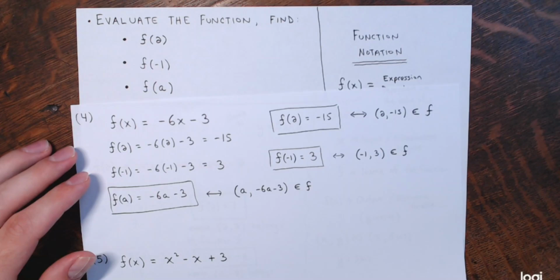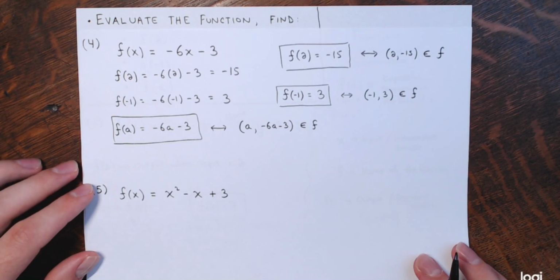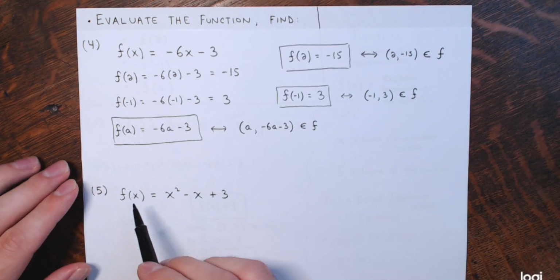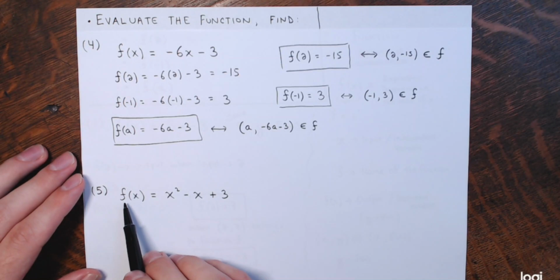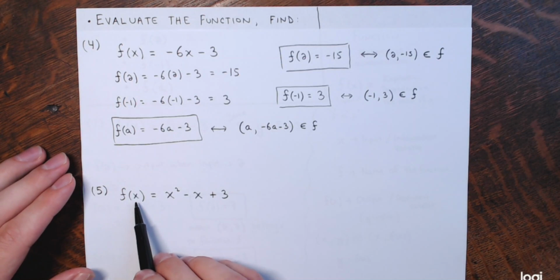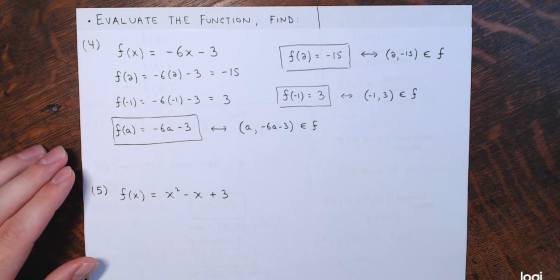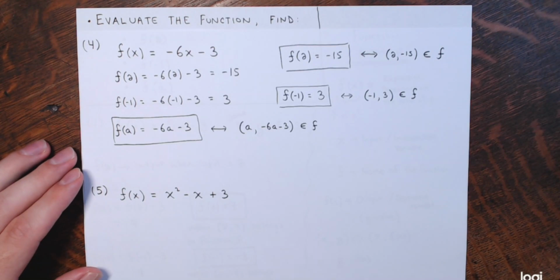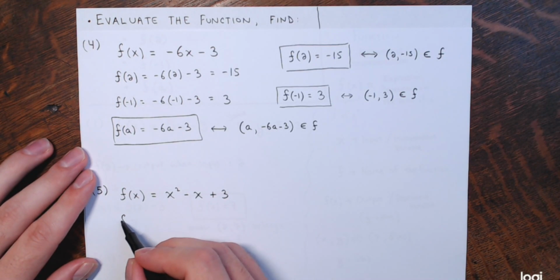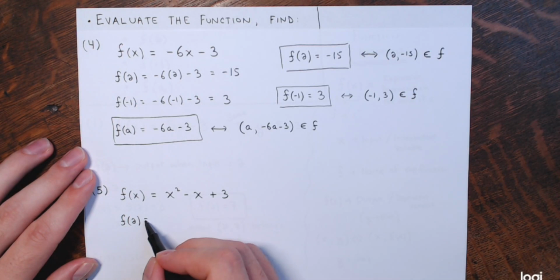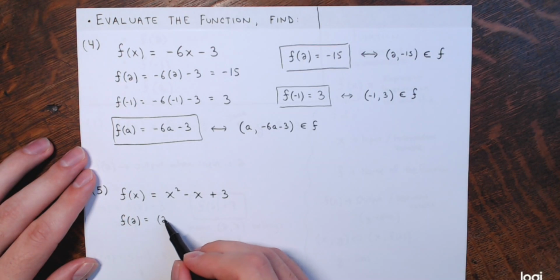All right, same three values, but for this function now. So now f is this function that takes the input x and then squares it, subtracts itself, and then adds 3. x squared minus x plus 3. So again, f of 2 would be 2 squared.